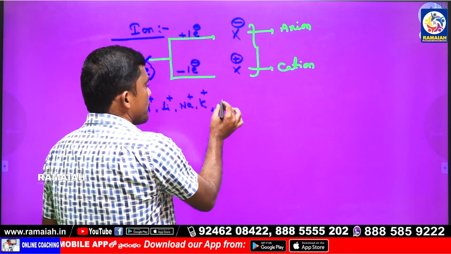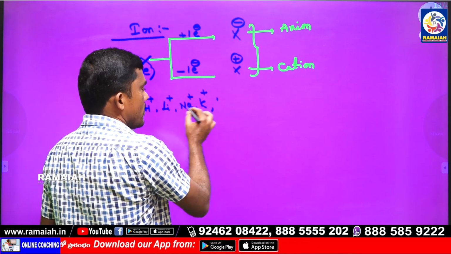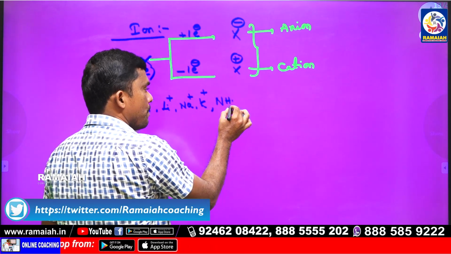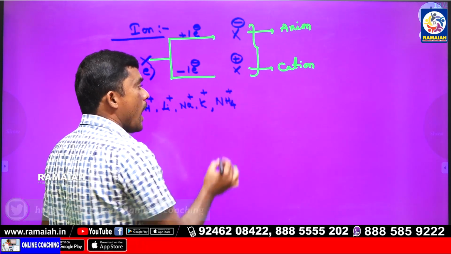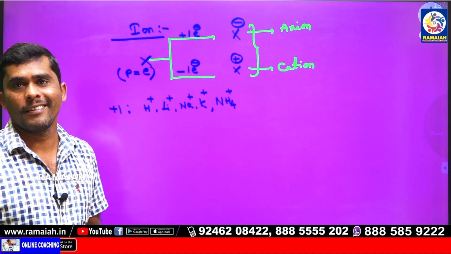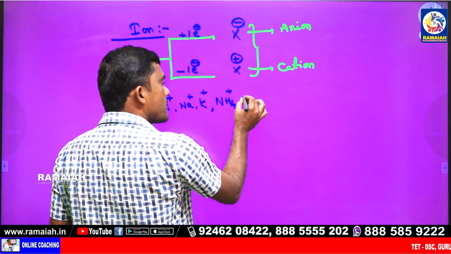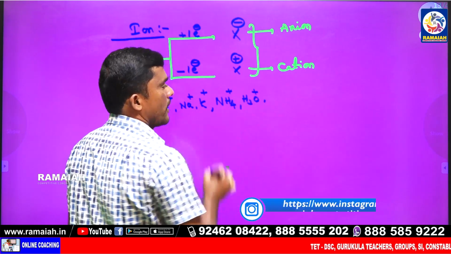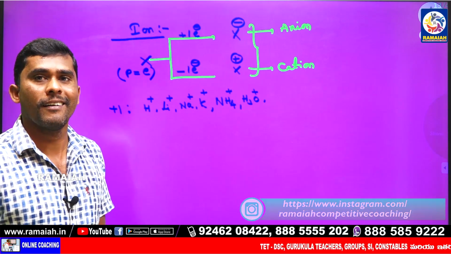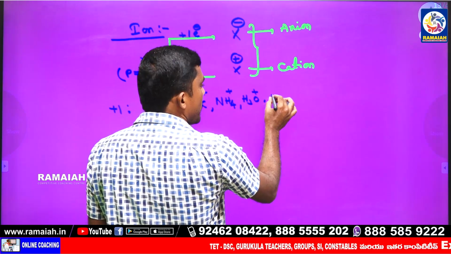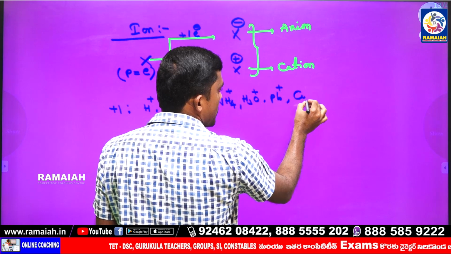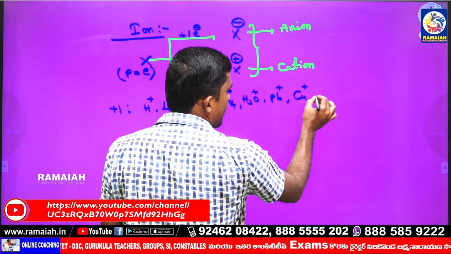Next, NH4 plus. Its name is ammonium ion. Next, H3O plus, its name is hydronium ion. Pb plus, lead ion. Cu plus, copper ion.